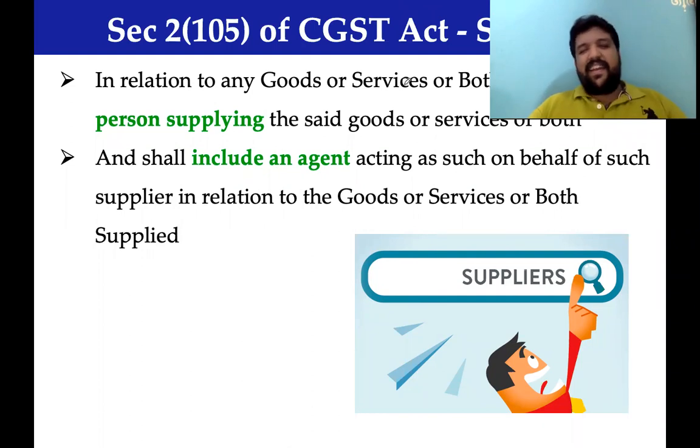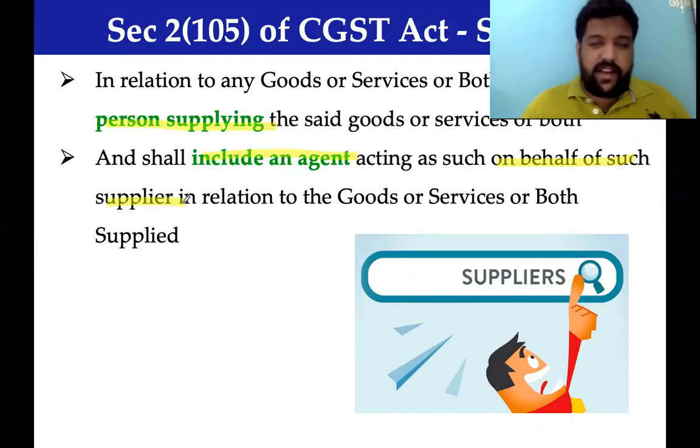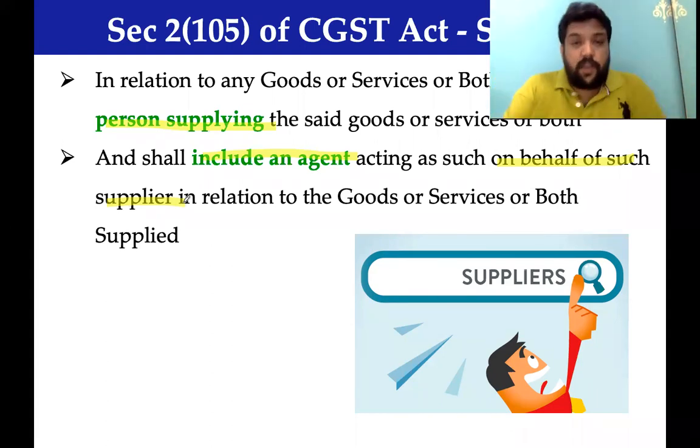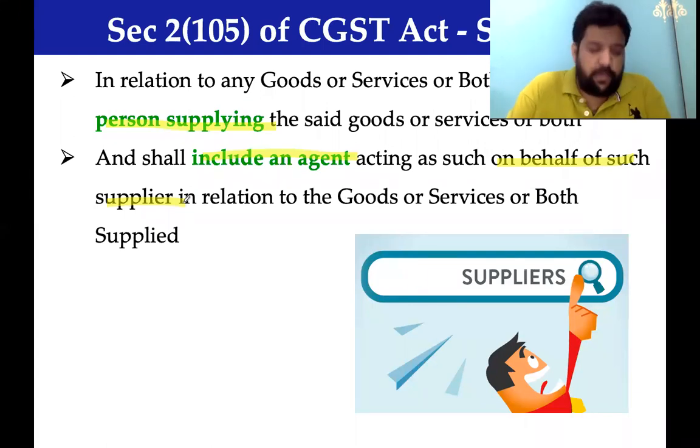Read, in relation to supply of goods or services or both, the person supplying the goods or services, including his agent, anyone who is acting on behalf of such person, would be treated as supplier. Section 2(105) defines any person who is going to supply goods or services.